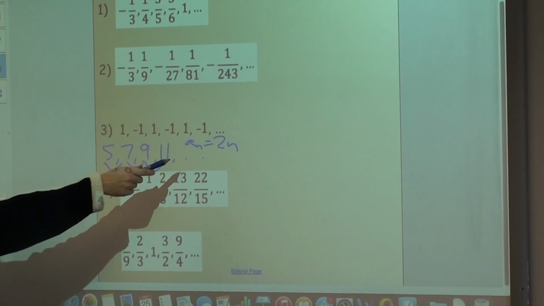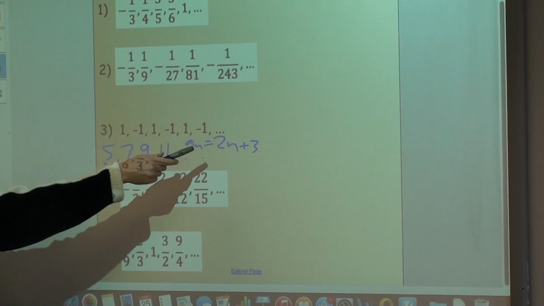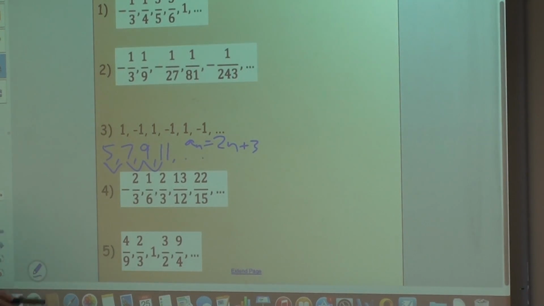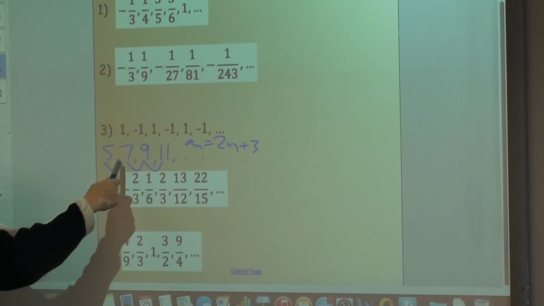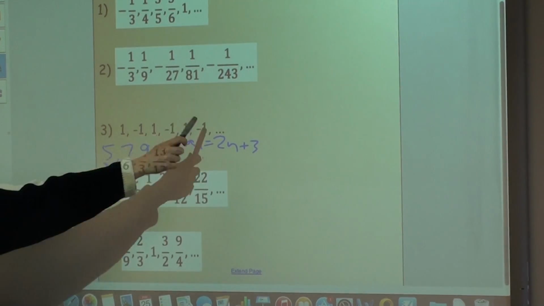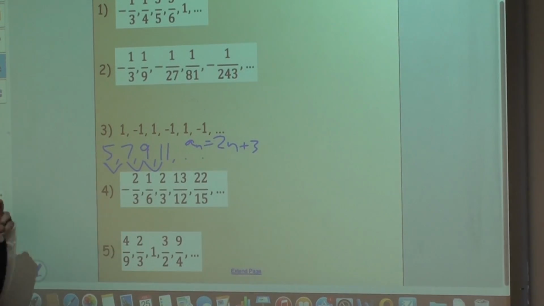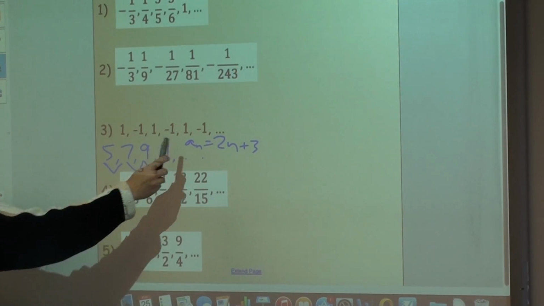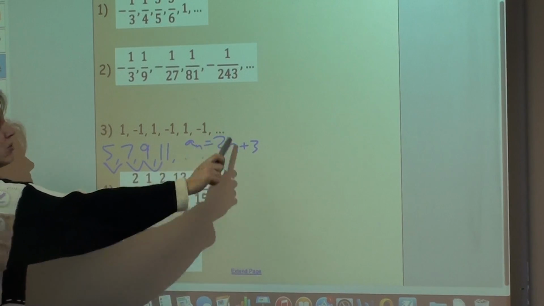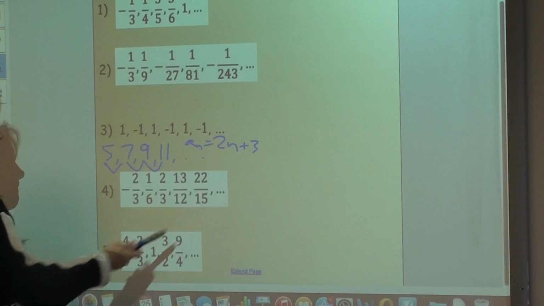Well, if I plug in a 1, I get 2, so I have to add another 3 to get to that first term. Plug in a 2, you get 7, plug in a 3, you get 9, plug in a 4, you get 11. So the number you're adding to get from one term to the next is like your slope, and whatever you need to add or subtract to get to that first term, that's what you put on the end.